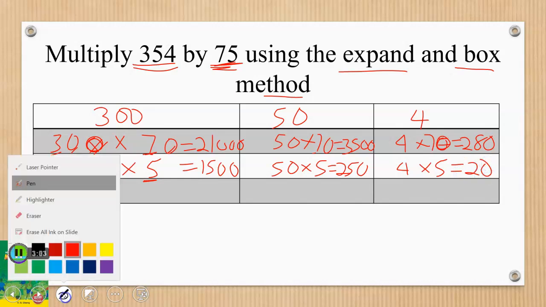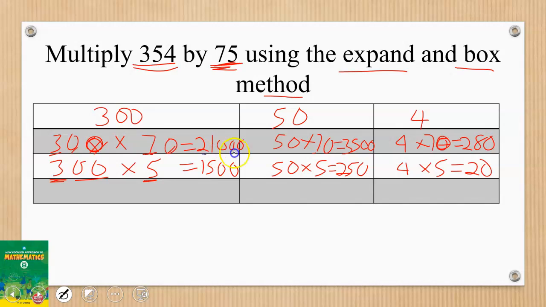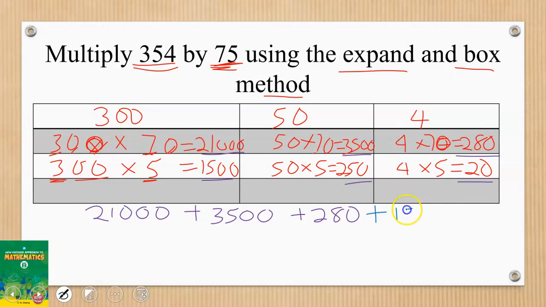So all we are going to do is to add all these numbers together. We add this, plus that, plus this, plus this, plus that. Add all the answers, and that becomes the solution to this multiplication. So we are going to do 21,000 plus 3,500 plus 2,800, then plus 1,500 plus 250 plus 20.